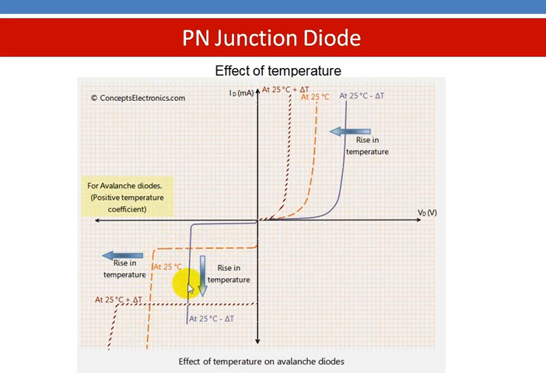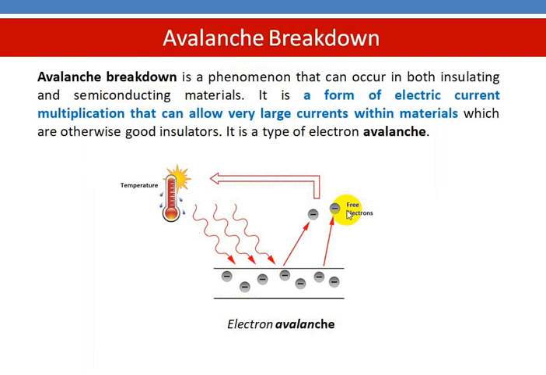You can see here that when the temperature is reduced, the breakdown voltage is reduced, so the device is likely to break down at a lower voltage. If the diode operates at higher temperatures, then we find that the breakdown voltage is increased. So this is how the characteristics vary with the change in temperature.